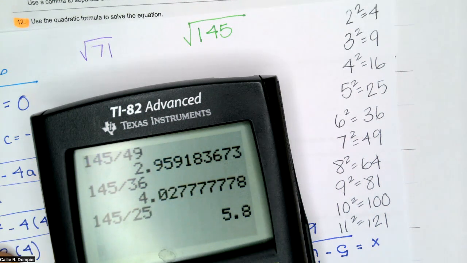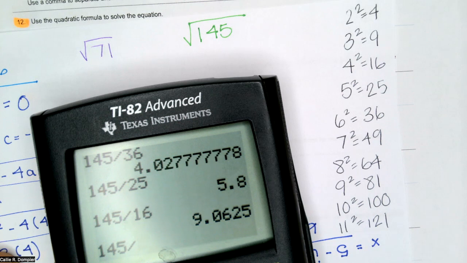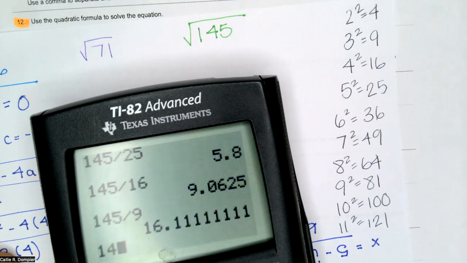Seems like that one might work. Nope. 16. 9. And it's not going to be 4, right? Because 4 is even and that number is odd.